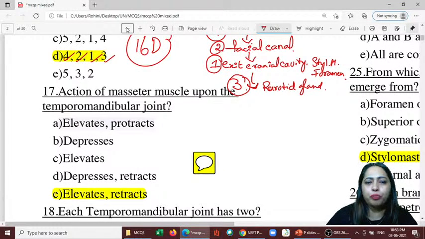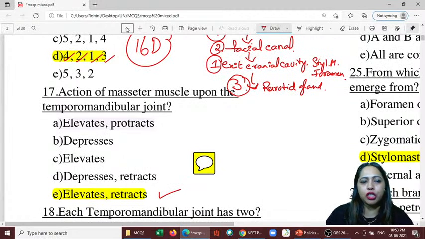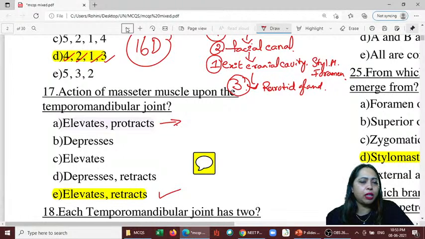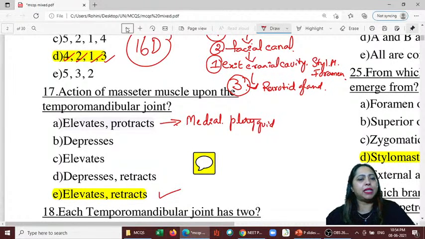The action of masseter muscle upon the temporomandibular joint is elevation and retraction. I mentioned elevation and protraction. Who does elevation and protraction? It is done by medial pterygoid.